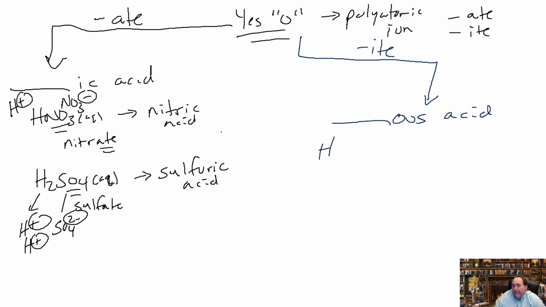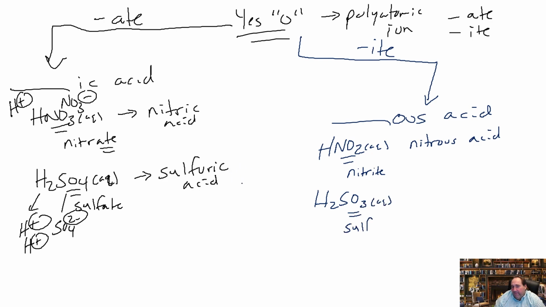So if you had HNO2, NO2 is nitrite, which means this would be nitrous acid. If you had H2SO3, SO3 is sulfite. That would make this sulfurous acid.